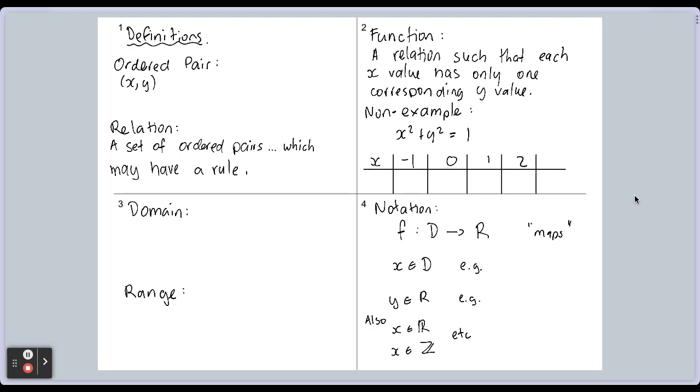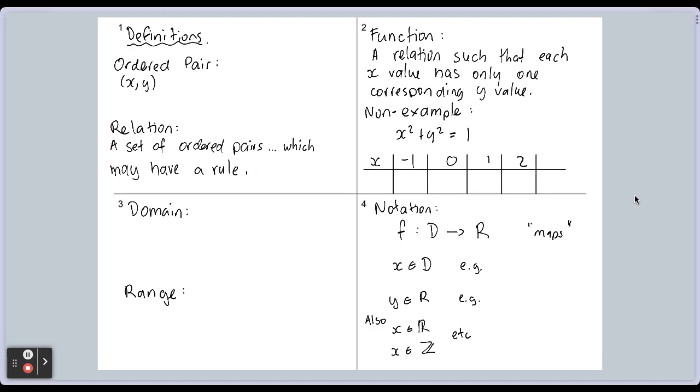The picture has the Cartesian axes, so an x-axis and a y-axis. If I take any value on the x-axis, this is the x-coordinate, right? On the ordered pair, it's the first number.